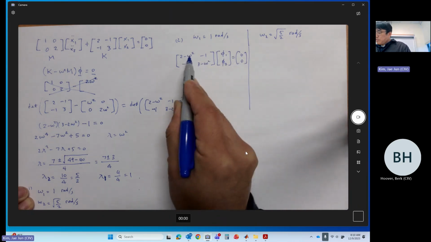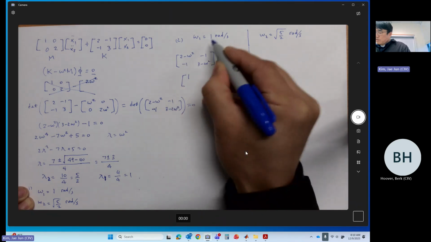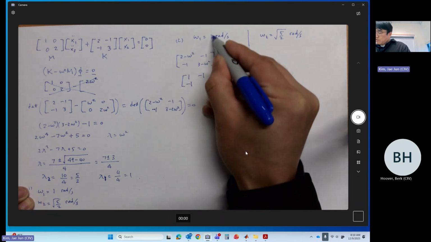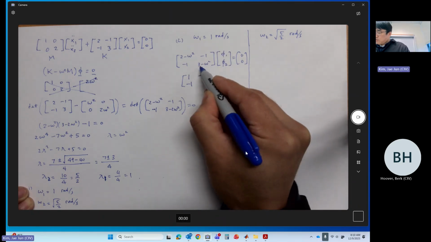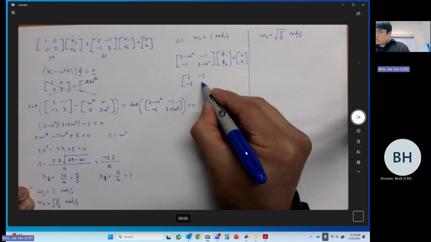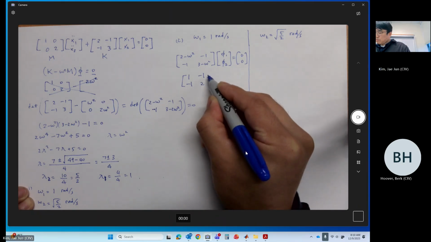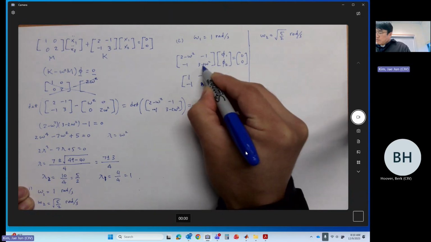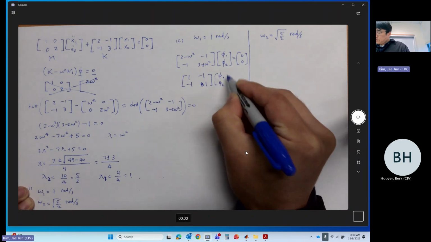So if you put 1, it's going to be 2 minus 1 is 1, minus 1, minus 1, 3 minus 1 is 2. Oh, 3 minus 2. Okay, so 1 1. P1 P2 is 0 0.